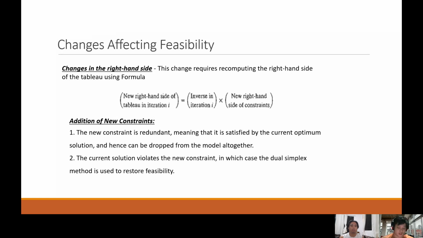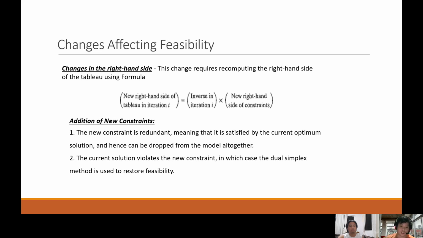In terms of changes affecting feasibility, the feasibility of the current optimum solution may be affected only if one of the right-hand sides of the constraints is changed, or if a new constraint is added to the model. Changes in the right-hand side require recomputing the right-hand side of the tableau using the formula below.